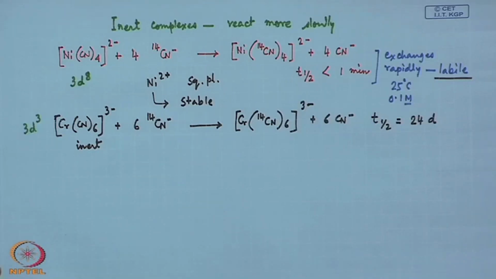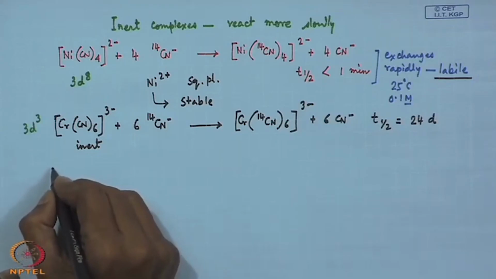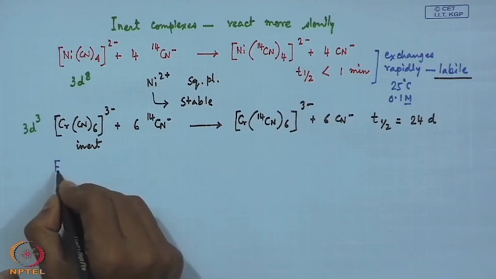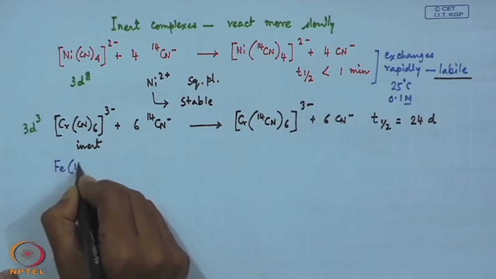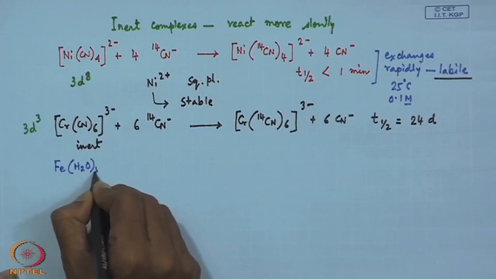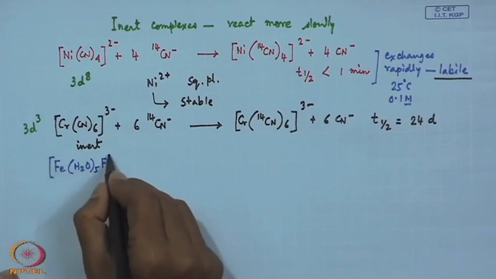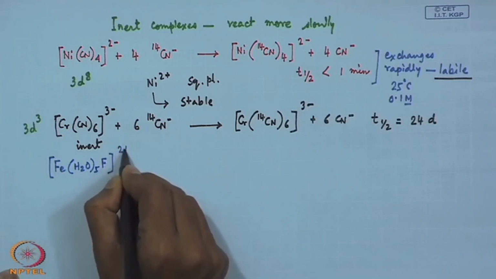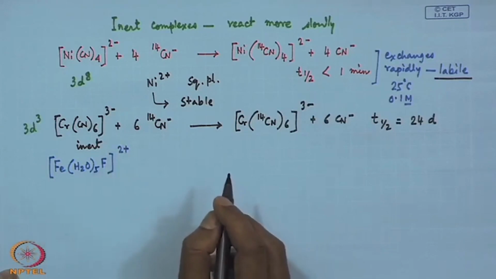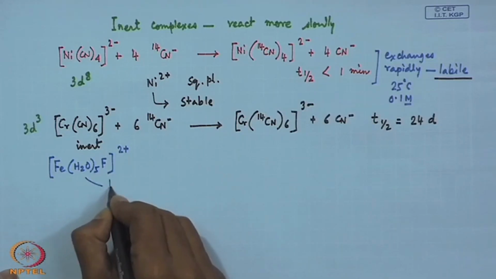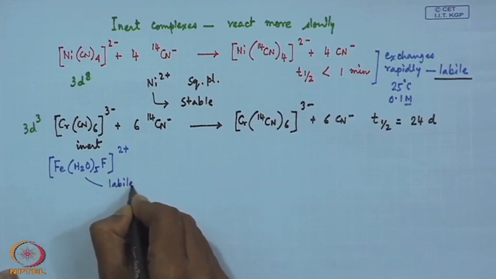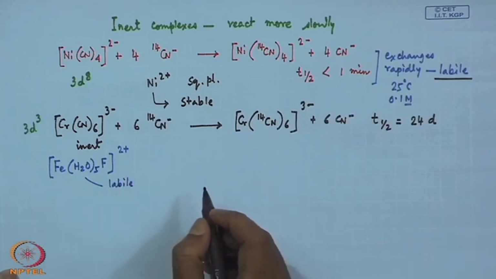Similarly, another example we can have, and what we have seen just now also, is this iron thiocyanate compound, which is a labile compound because it exchanges quite rapidly.